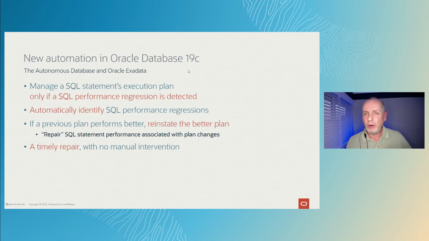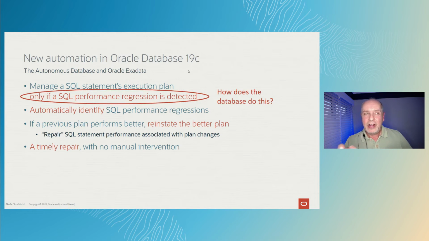And then essentially what we can do is repair our SQL statement, if you like, by saying, actually, this previous plan we used is known good. Let's put that one back, constrain the optimizer so that it uses that plan going forward. So that's essentially delivering a timely repair, something that can happen theoretically much more quickly and certainly automatically without any intervention.